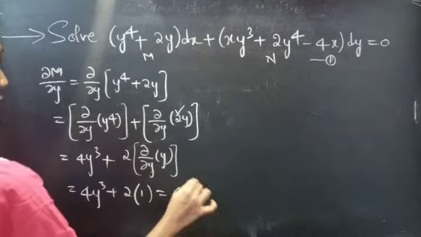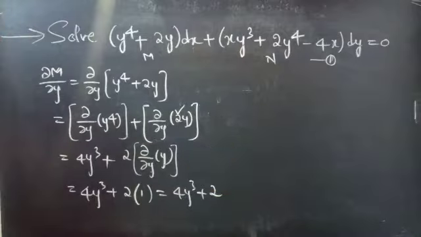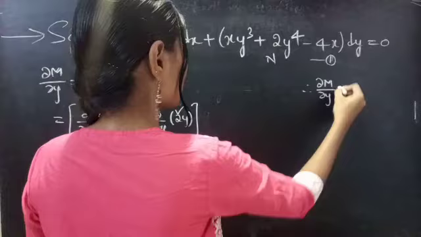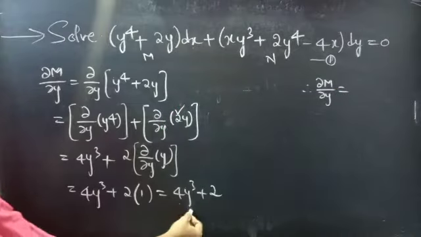This equals 4y^3 + 2. Therefore, partial derivative of M with respect to y equals 4y^3 + 2.